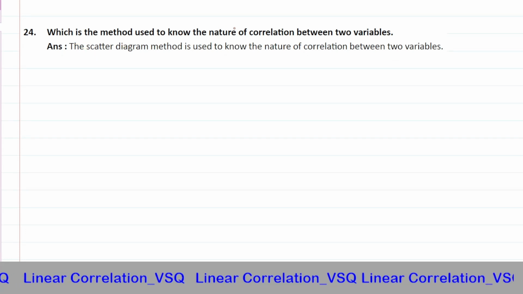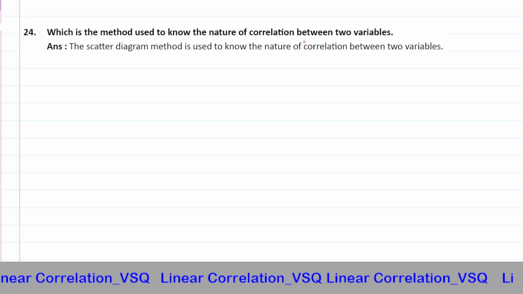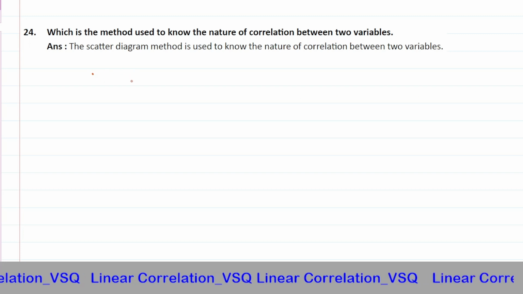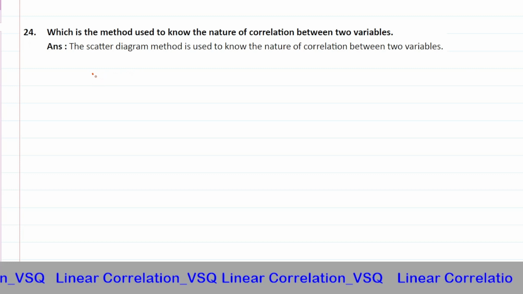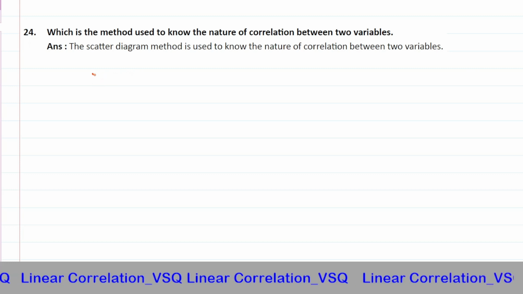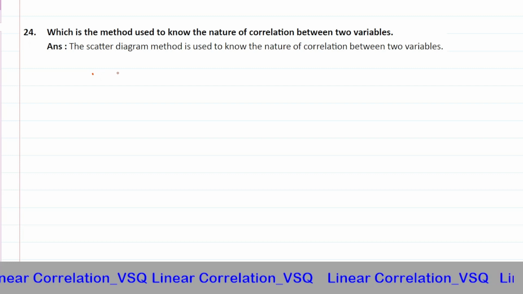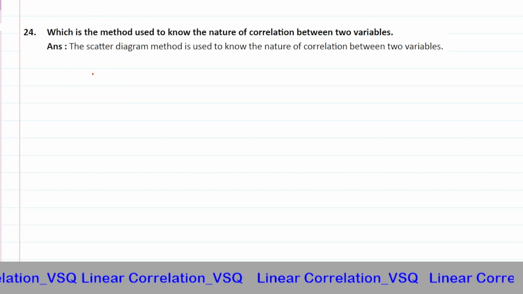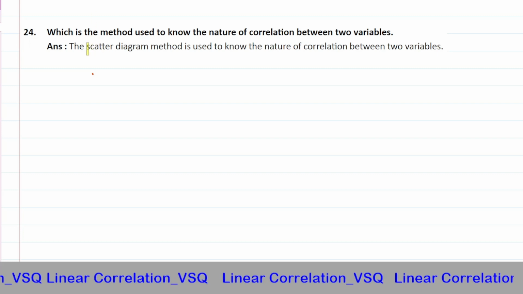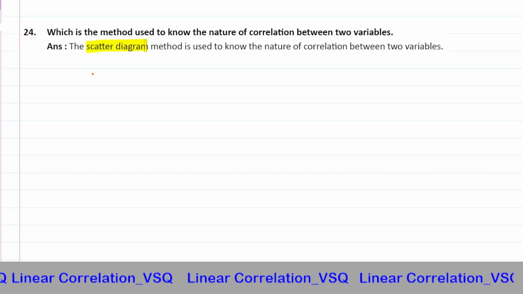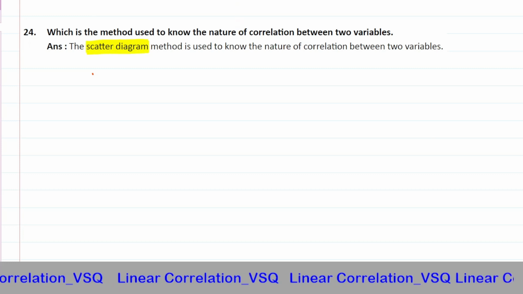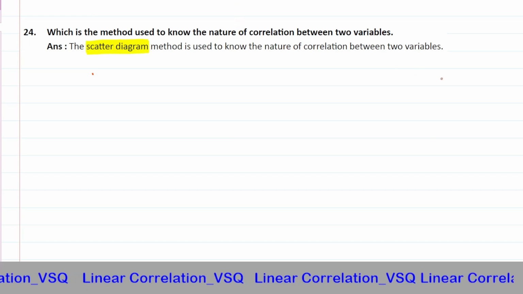Question number 24. Which is the method used to know the nature of correlation between two variables? Actually, there are three methods of correlation. The first is the scatter diagram method, the second is Karl Pearson's method, and the third is Spearman's rank correlation coefficient. But in the scatter diagram method, we can know only the nature, the type of correlation between two variables.